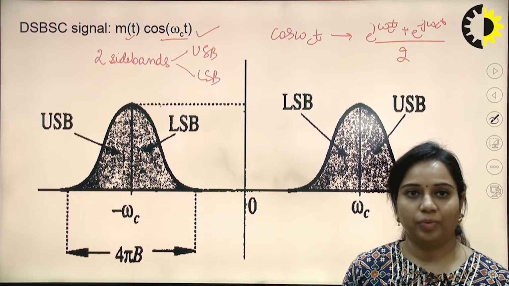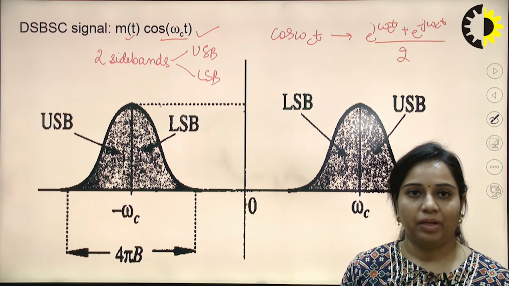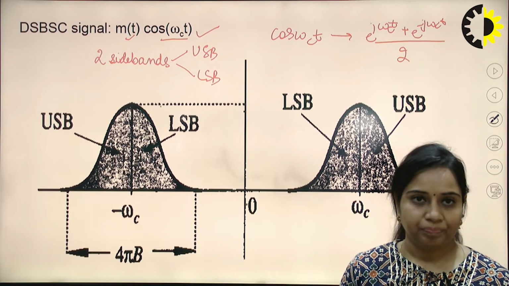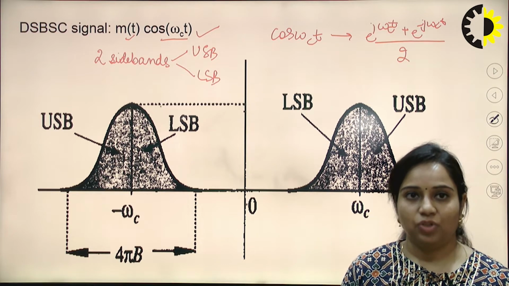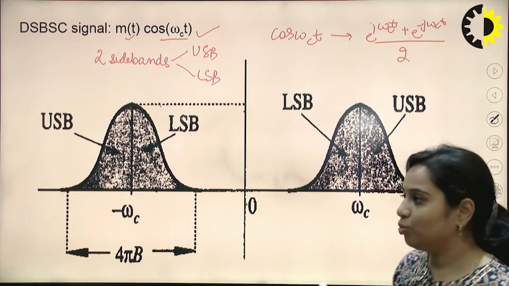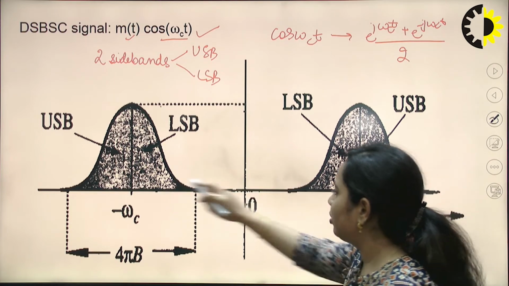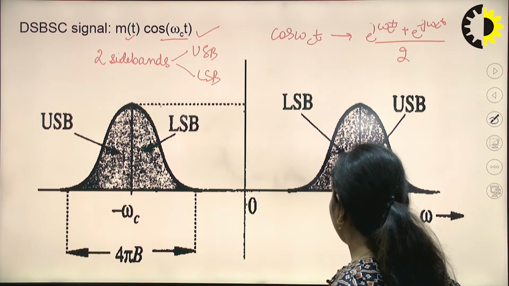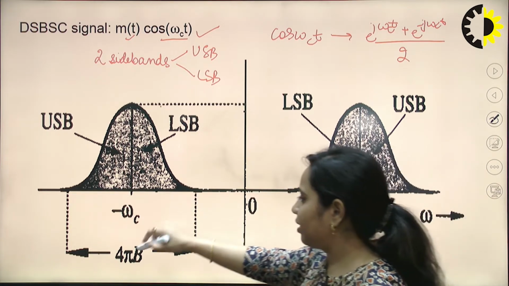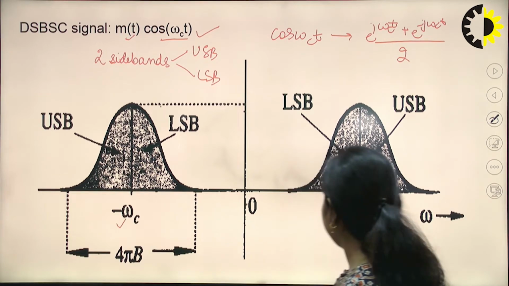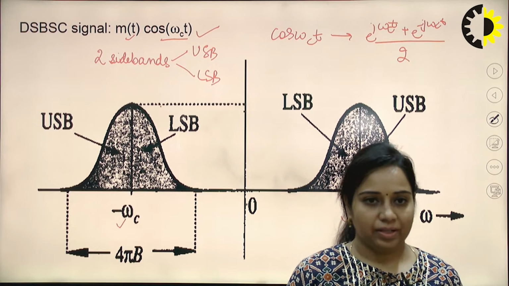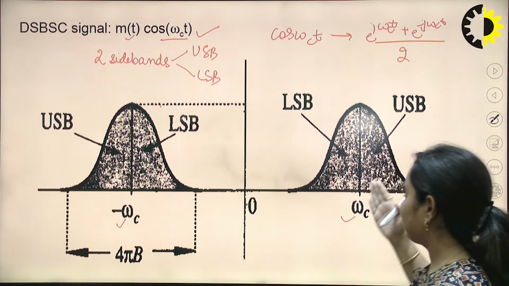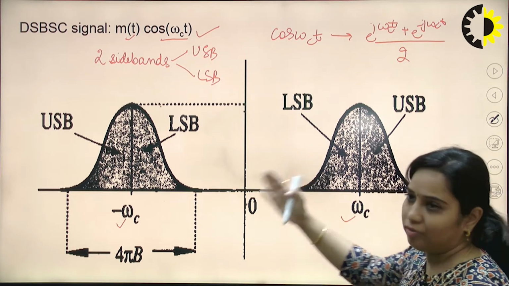In the spectrum, we can convert these two exponential terms into two frequency terms, centered at frequency minus omega c and plus omega c, which is the carrier frequency.